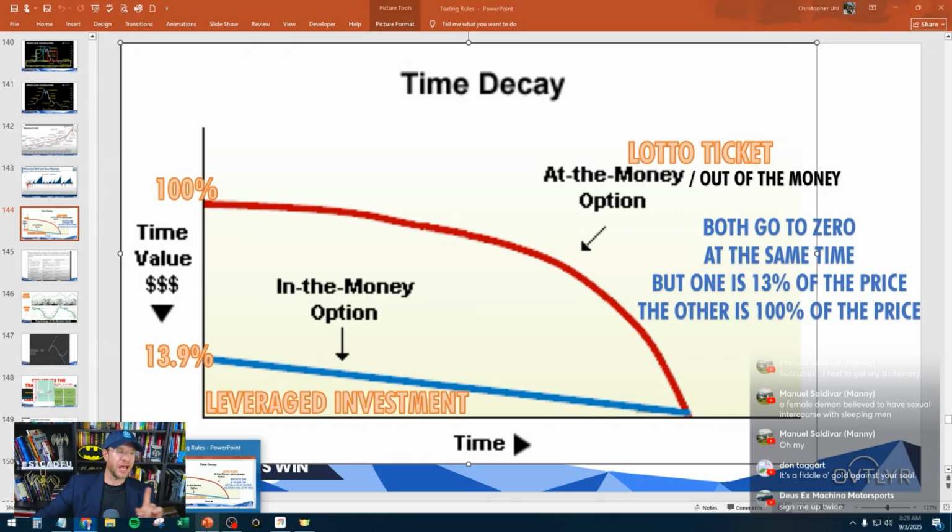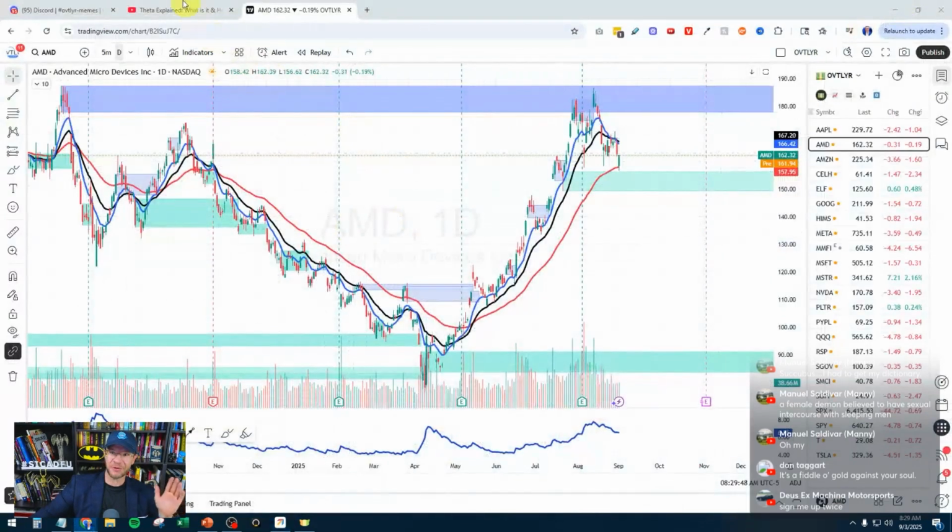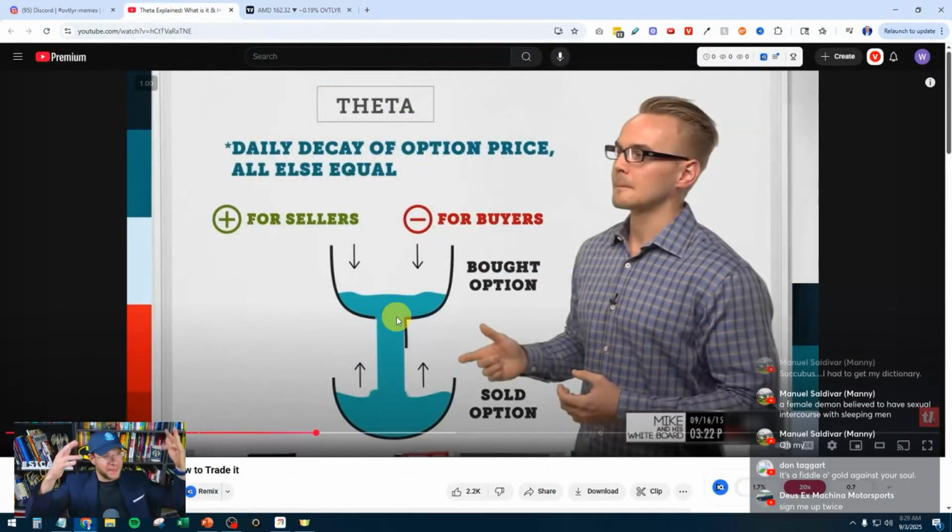If you can't tell, I am incredibly passionate about this because I lived this life for years thinking I was a genius because, hey, time's going to pass anyway. No matter what, time's going to pass. And therefore, that theta is just going to drip right into my account. And 84% of the time I won.